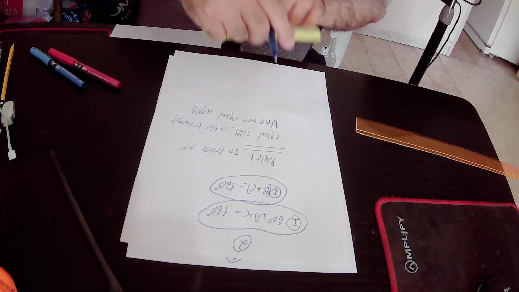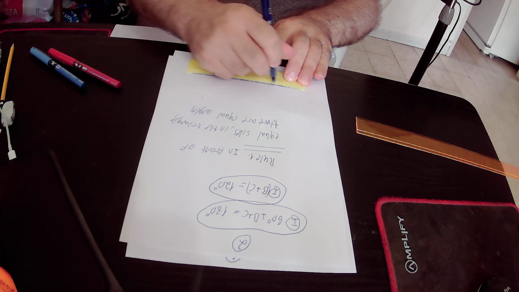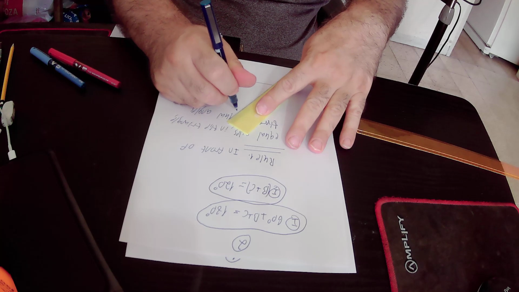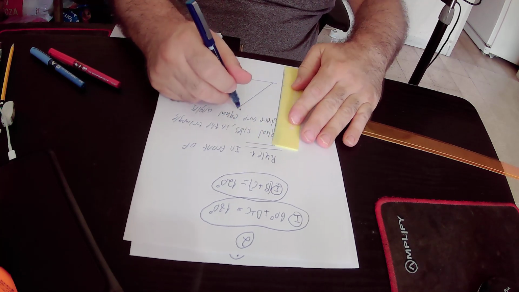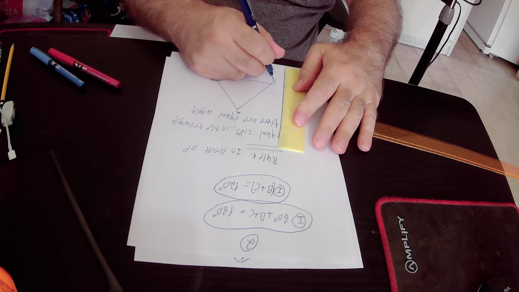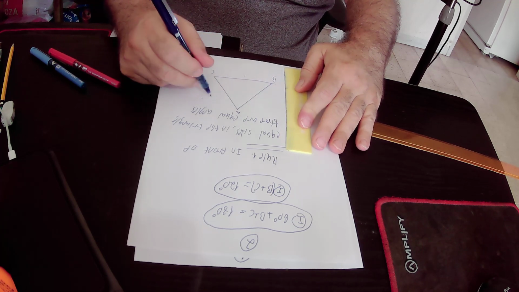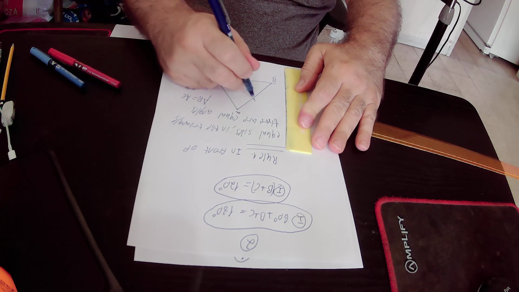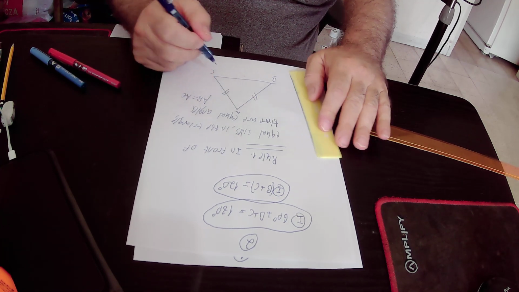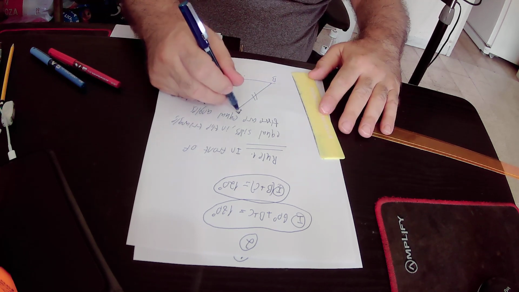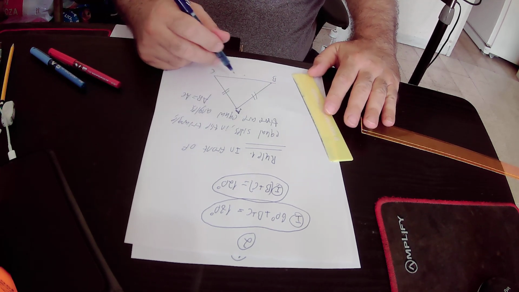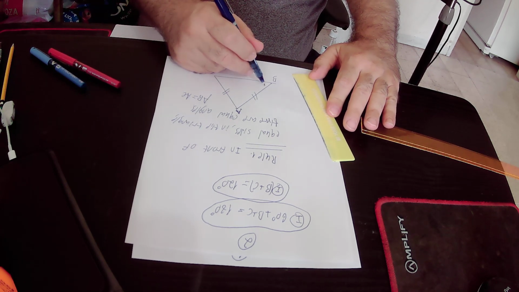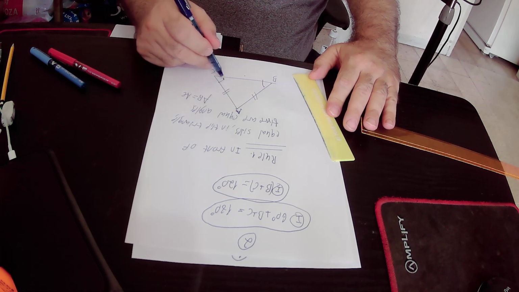So if we have triangle ABC, and we know that side AB equals side AC, those two sides are equal to each other, then the angles that are in front of those sides, that is to say angle ABC and angle ACB, are equal to each other.